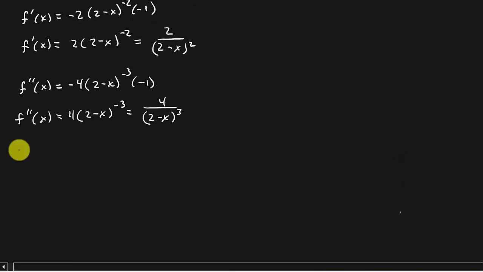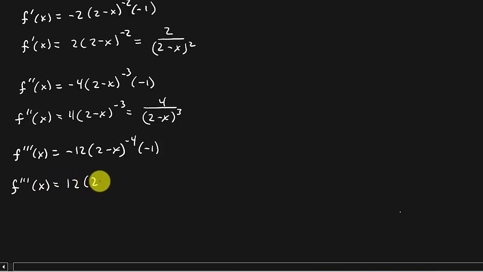So the 3rd derivative, f triple prime of x is equal to, we'll use this, so that's going to be negative 12 times 2 minus x to the negative 4 times the derivative of what's inside the parentheses. So f triple prime of x is equal to 12 times 2 minus x to the negative 4, which is 12 over 2 minus x to the 4th.